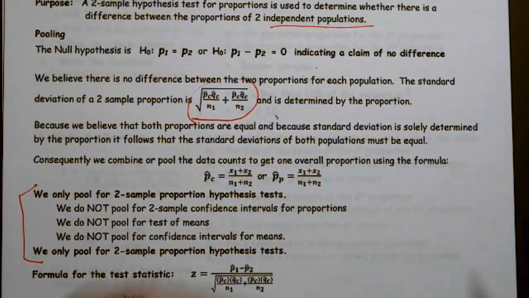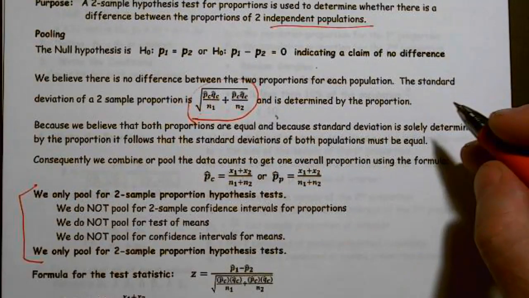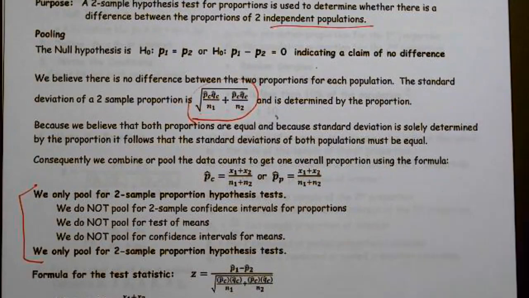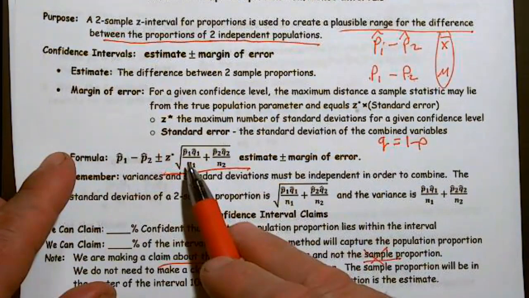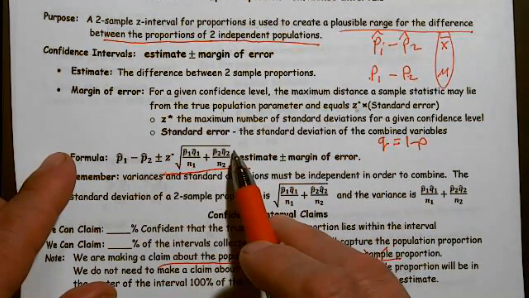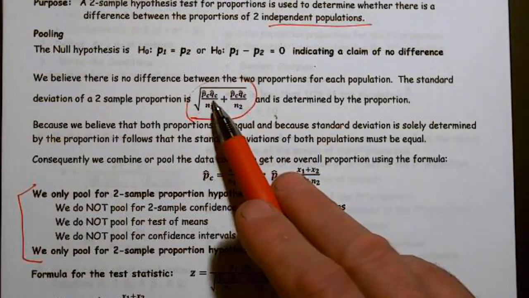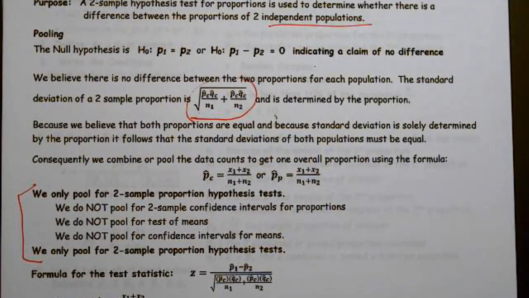Now that's different than our standard error when we were working with a confidence interval. With our confidence interval, we had P hat 1 and Q hat 1 over N1, and P hat 2 and Q hat 2 over N2. Here we have combined. And the question is, why is that?